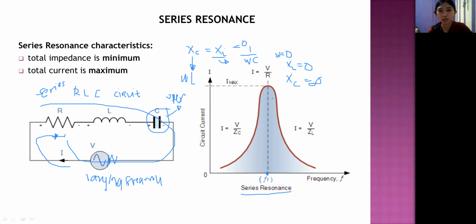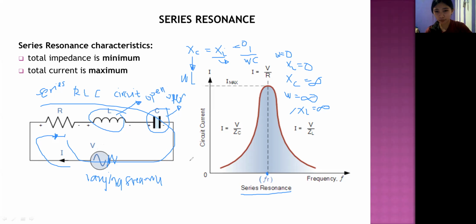The second one is, if we take omega equal to infinity, then the inductive reactance will be infinity. This means that at high frequency, the inductance will be open, so there is no current flowing here.